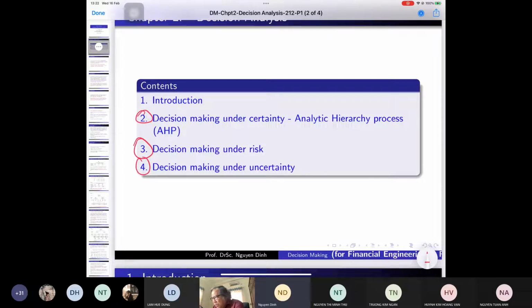This decision making is under certainty, another is under risk, and another is under uncertainty.